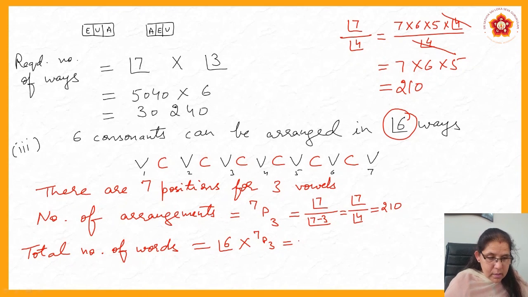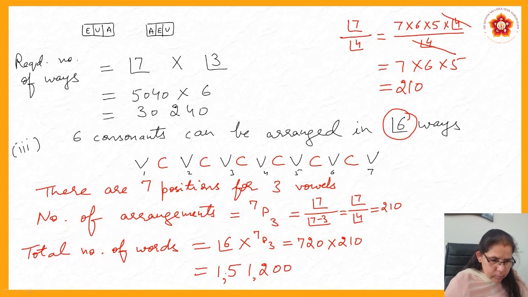Factorial 6 is 720, and 7p3 we have already found is 210. So when we multiply 720 by 210, we will get 1,51,200.